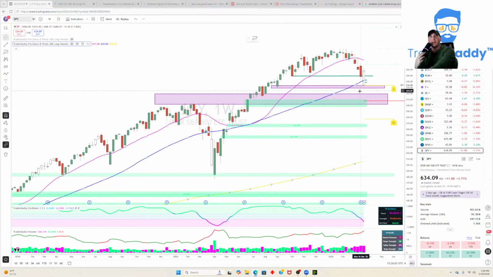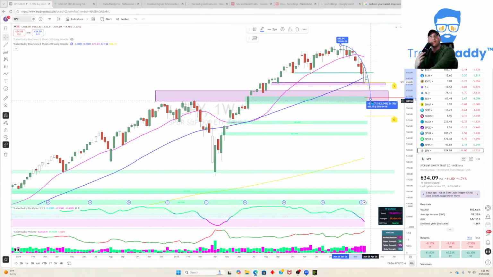But I'm going to say this is the bottom around here, S&P 500 to go down to about this level. That would be about 12%, maybe 13 or 14% at the most. We're only down about 9 or 10%, so it's really not that horrible. I think we go down another 3 or 4%.